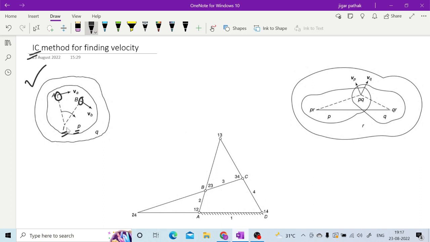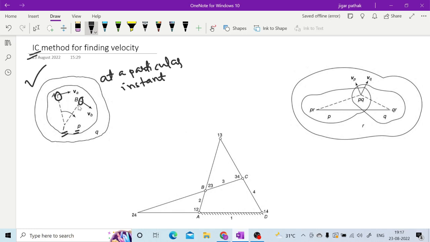How you get that point is, if you take the linear velocity of A at a particular instant, you can take it in this direction as mentioned here.